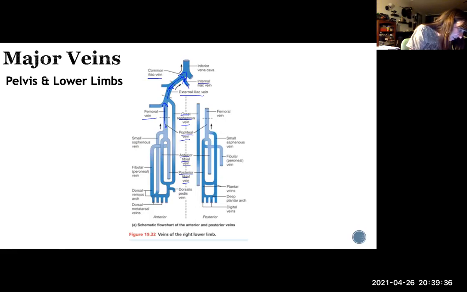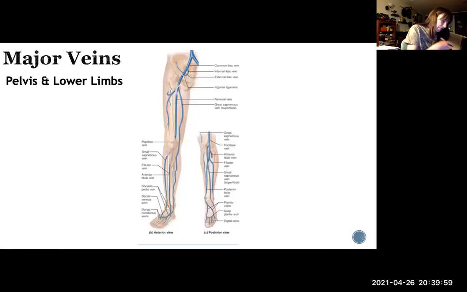Up towards the femoral vein, we call it the great saphenous vein, and then it gets smaller past the knee, and at that point we call it the small saphenous vein. That's how I want you to know this. The great saphenous vein, and the small saphenous vein comes up around the outside.